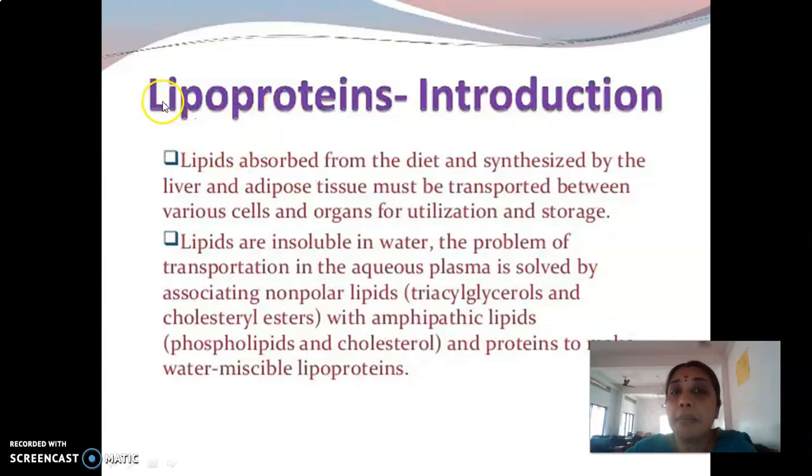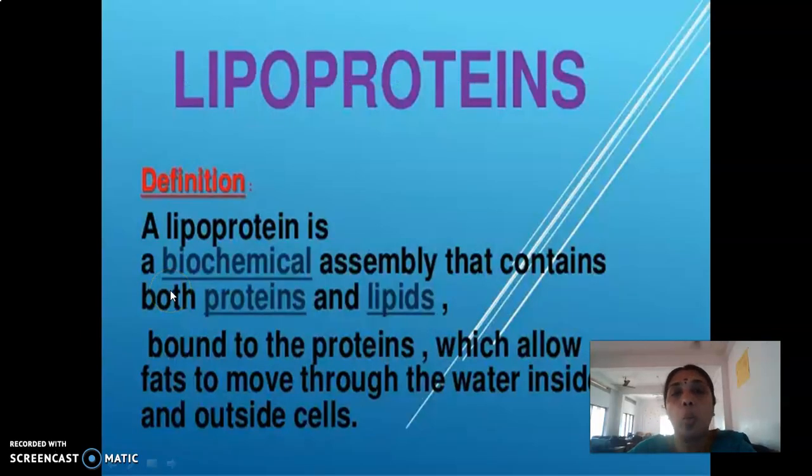So in order to make them miscible, or to make their transport easier, the lipids are bound to apolipoproteins to form lipoproteins. So lipids are insoluble in water, and this problem of transportation is solved by associating these non-polar lipids with amphipathic lipids, that is the phospholipids and cholesterol, and proteins to make them miscible in water.